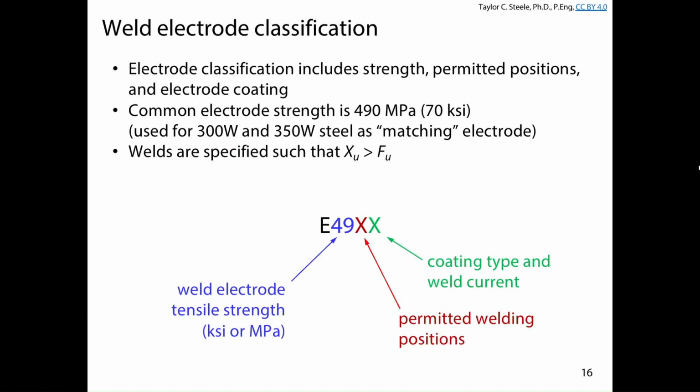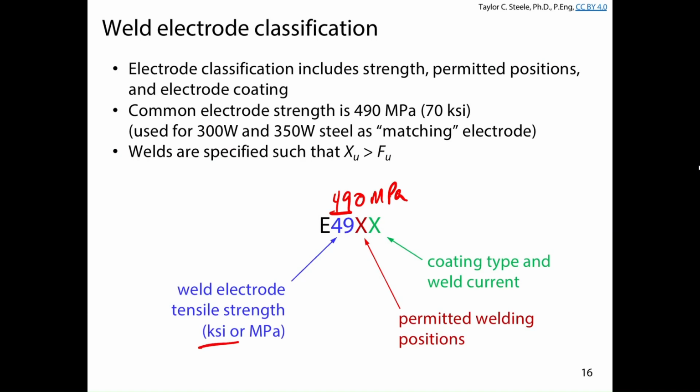That's the strength in kips per square inch, and that's an imperial designation. If we're working in megapascals, the equivalent, or sorry, that's wrong. I just got that wrong. That's 490 megapascals. Okay, so the first 2 numbers are the first 2 numbers of the ultimate strength of the weld material. And so if we're in metric, it's 490 MPa, and we use 49 in that designation.